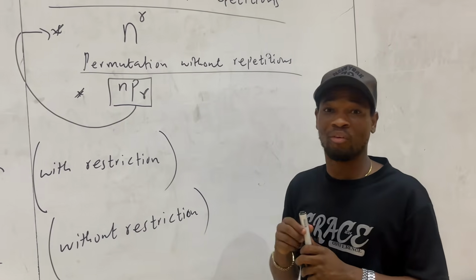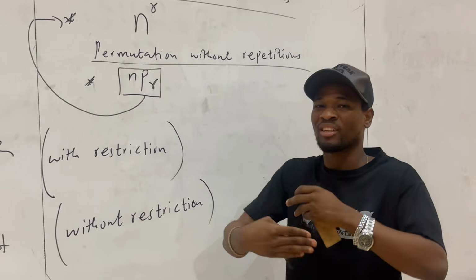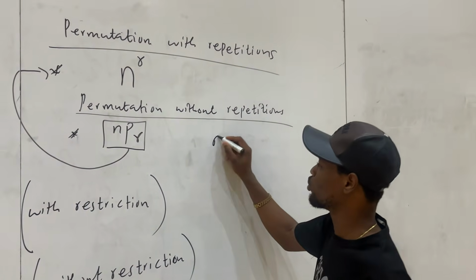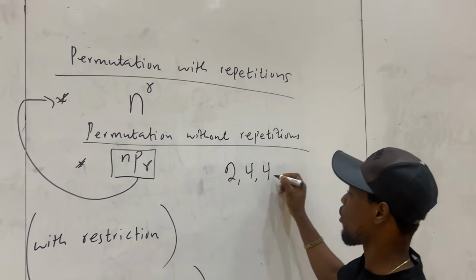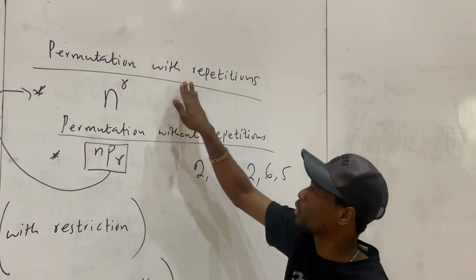And we know that digits mostly repeat, is that not so? So you have something like 2, 4, 4, 2, 6. That's permutation with repetition.